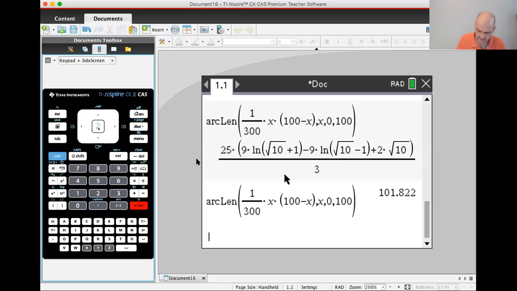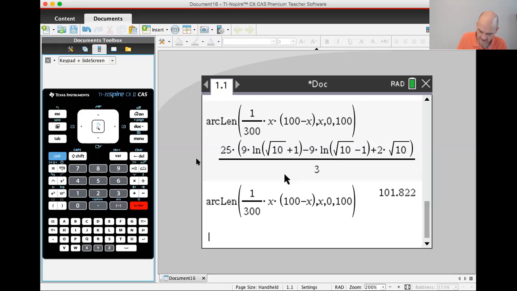I guess what that basically means is that this is a super wide parabola. You start here at 0, and this is 100.